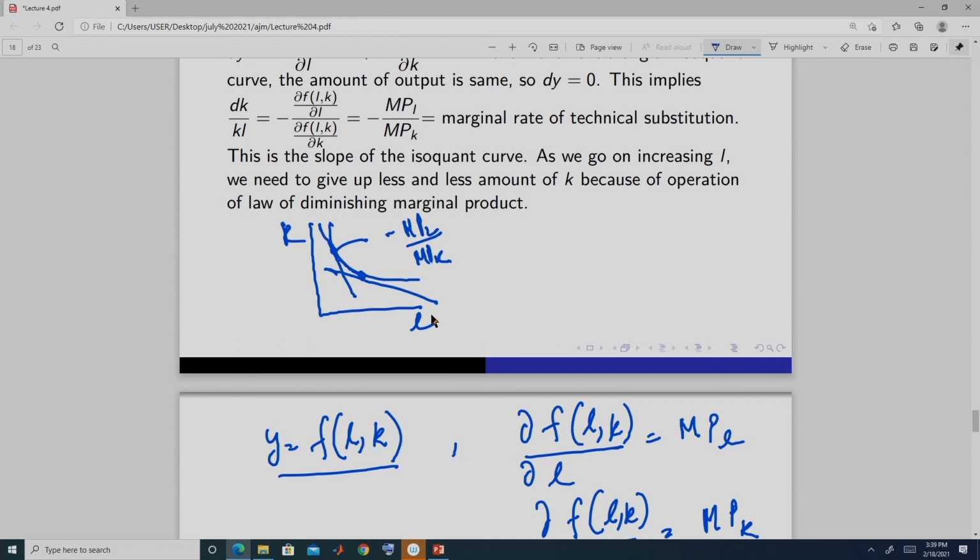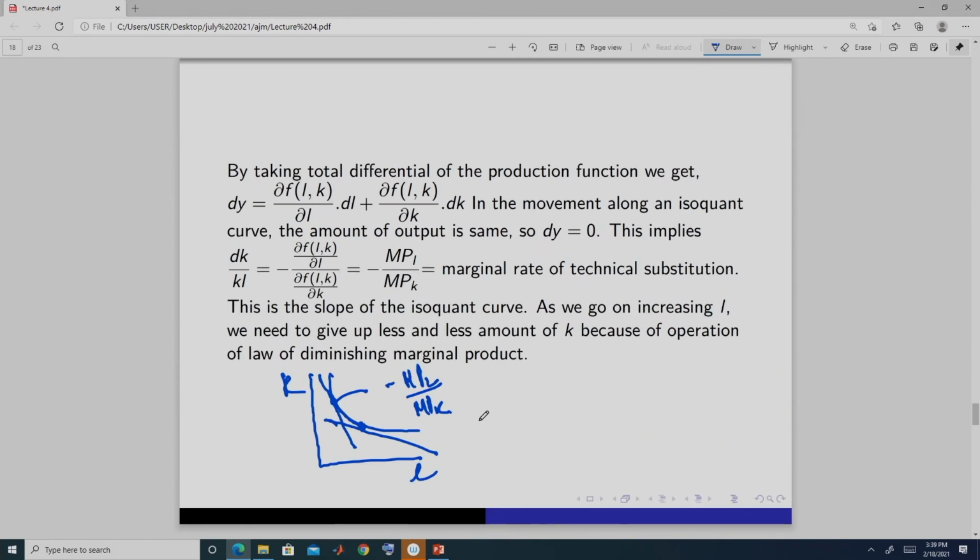That is why the slope goes on decreasing as we go on increasing labor, and this ratio, the slope, is something called the marginal rate of technical substitution.